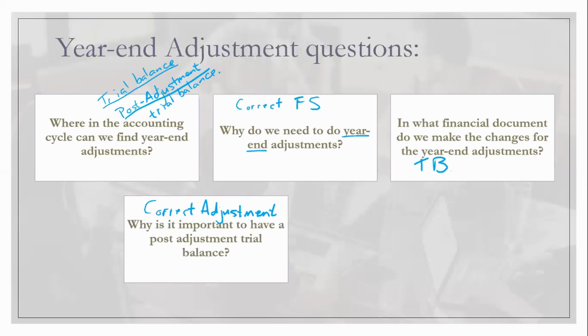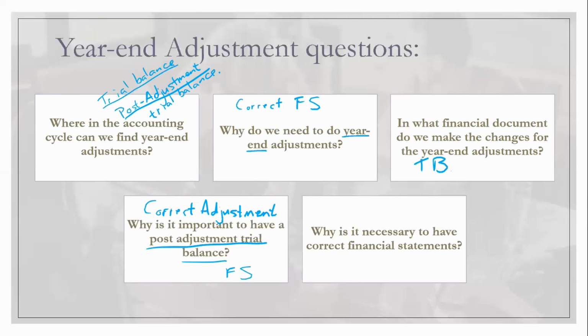If we have the correct adjustments, as in the post-adjustment trial balance, we'll have correct financial statements. Why is it necessary to have correct financial statements? So you can see how the business is doing? Yes, it's important because your investors have to know that the business is actually doing well.